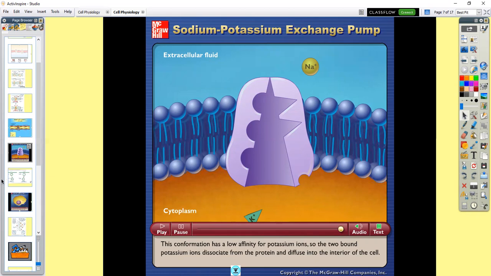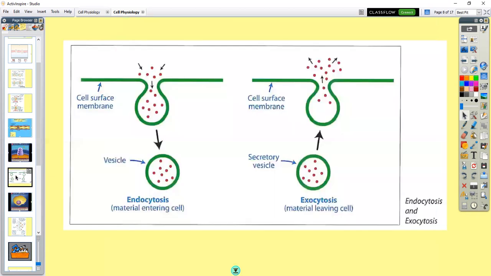Okay, another type of movement is cytosis, in terms of things moving in and out of cells. Endocytosis is bringing things into a cell, so it could be a specific type of protein or smaller molecules like water.